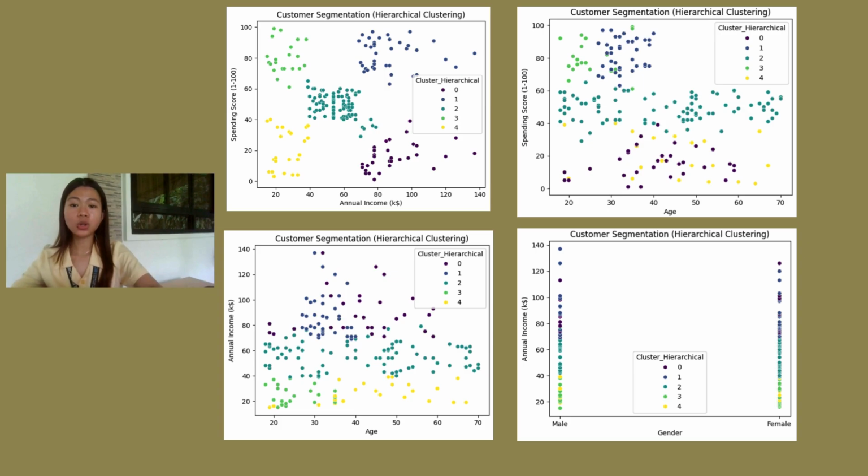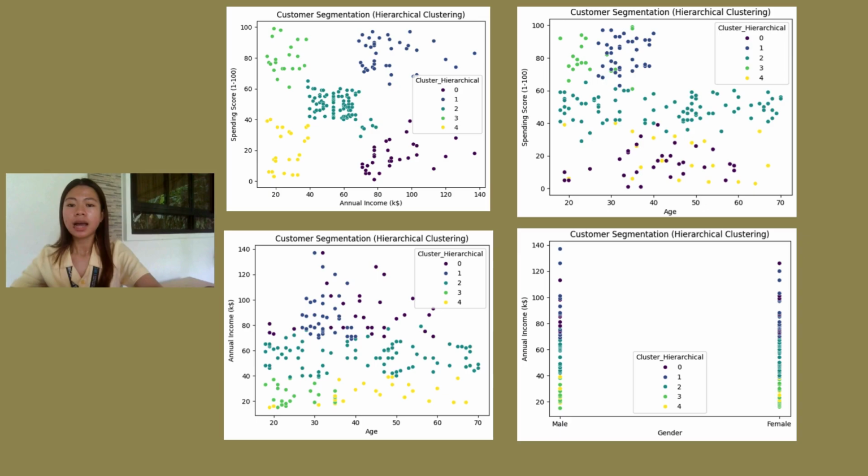So, to give you a conclusion about my overall findings and results, annual income versus spending score is the best pair for clustering because it shows both the financial capacity and spending habits of customers. Income reveals how much a customer can afford, while spending score shows how much they actually spend.